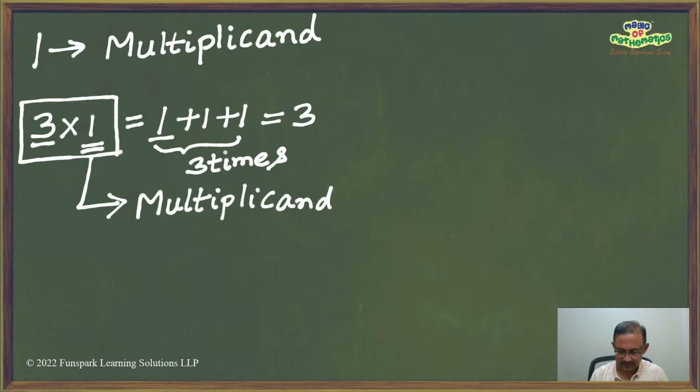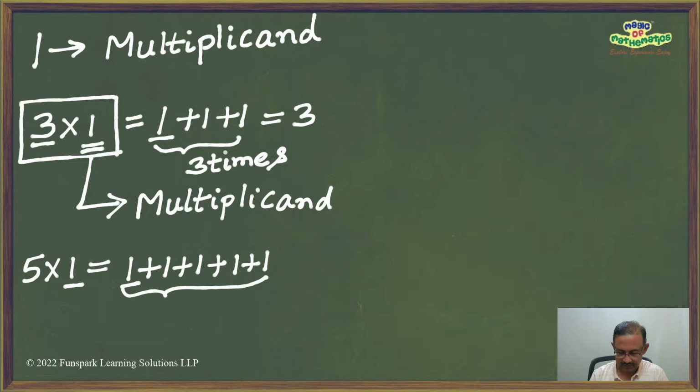Let us take another example. Say 5 times 1. This would equal 1 plus 1 plus 1 plus 1 plus 1. That is 1 added to itself 5 times.